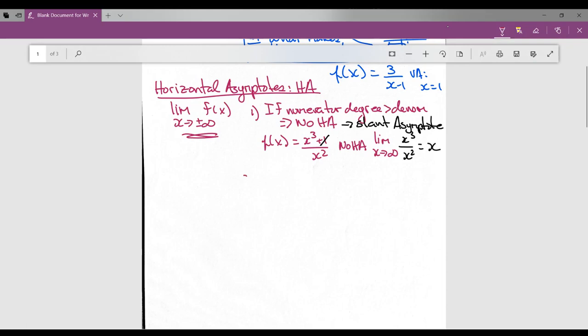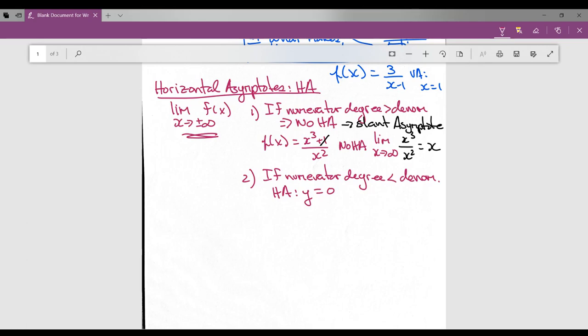definition. The second was if the numerator degree is smaller, so it's less than the denominator, here HA y is equal to 0.